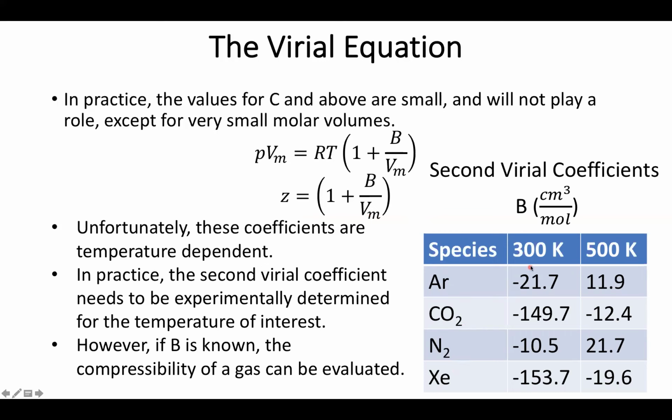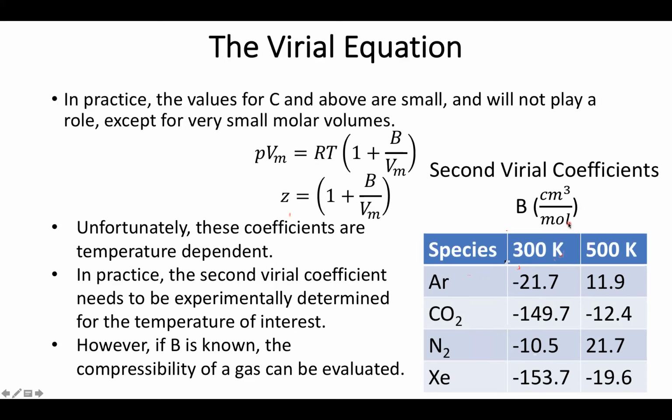So what you're going to notice is that our virial coefficients do indeed show a temperature dependence. So at relatively low temperatures, near room temperature, it turns out that argon, CO2, nitrogen, and xenon all show a negative virial coefficient. Now the question is, what does this end up really meaning? If I've got a negative virial coefficient, this means that my Z value will generally be less than 1.